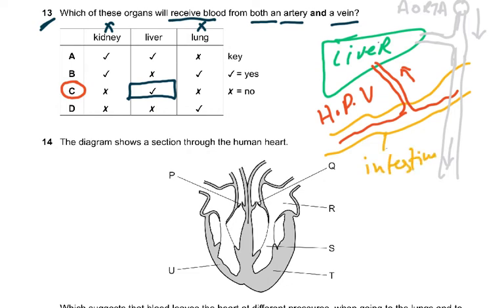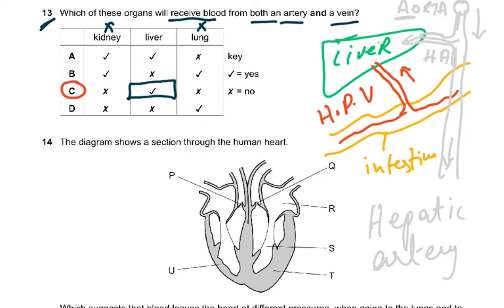So the hepatic portal vein from the intestine carries blood to the liver, and the aorta gives out a branch which is called the hepatic artery, which is bringing blood to the liver.